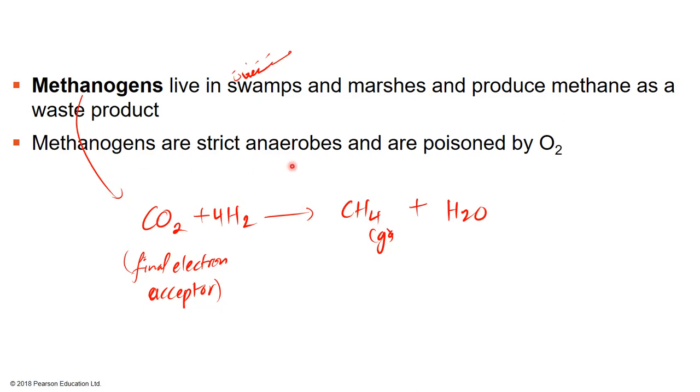So methanogens are strict anaerobes. They do not use oxygen as a final electron acceptor in the electron transport chain. They use CO2. Okay. Some might use acetic acid as a final electron acceptor. Okay.